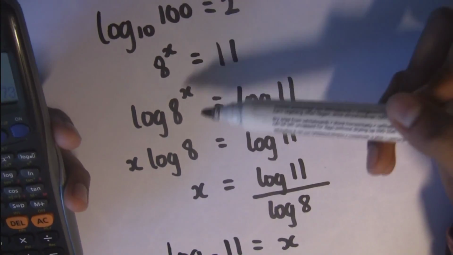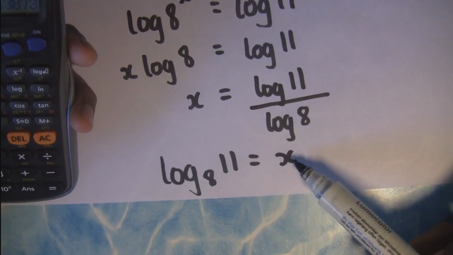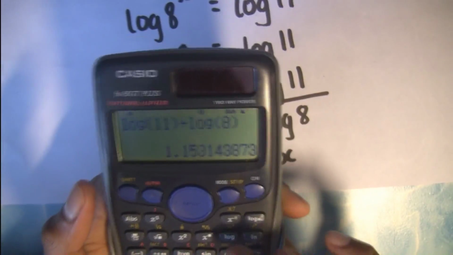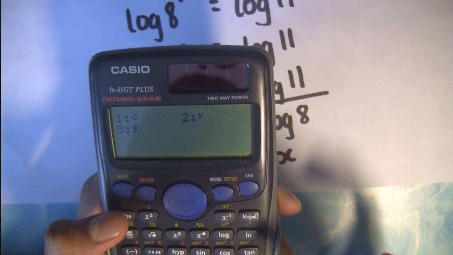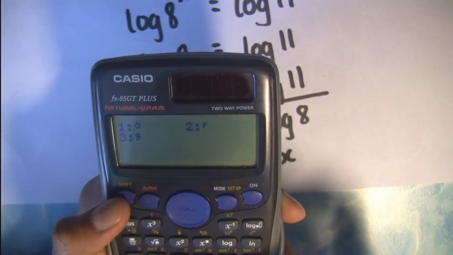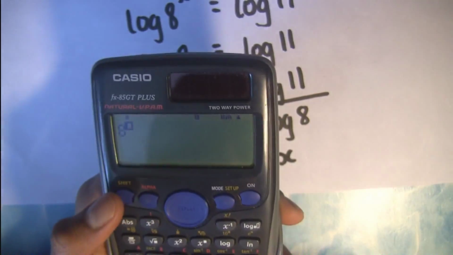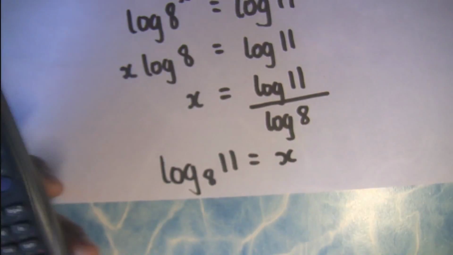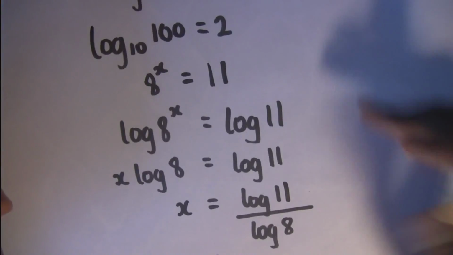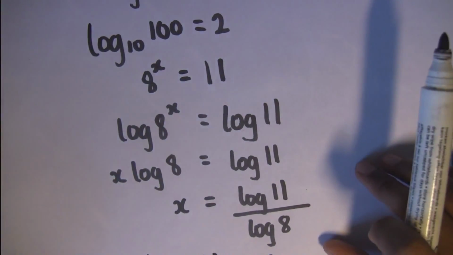So 8 to the power of x equals 11. With this being our x value, if you write 8 to the power of the answer, oops, what have I gone wrong? Give me a second. There we go. 8 to the power of the answer, and you can see it equals 11. So that's how you'd use the standard log rule to work out any unknown power, which is x.